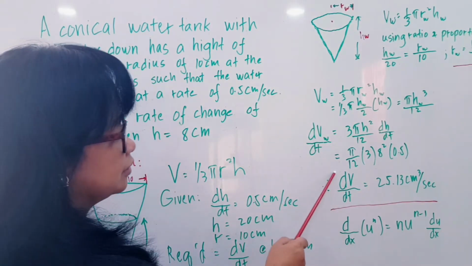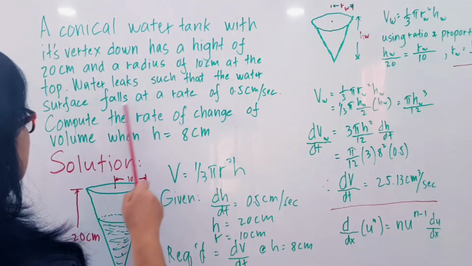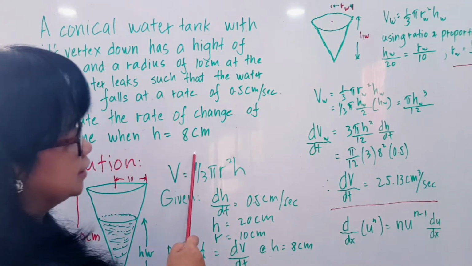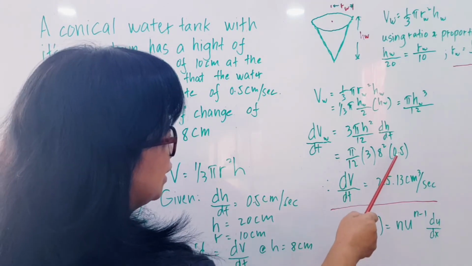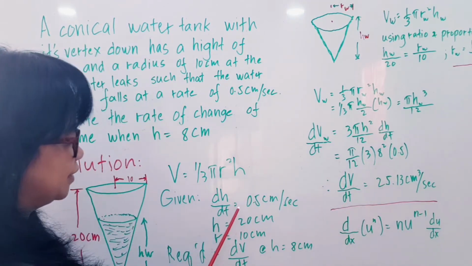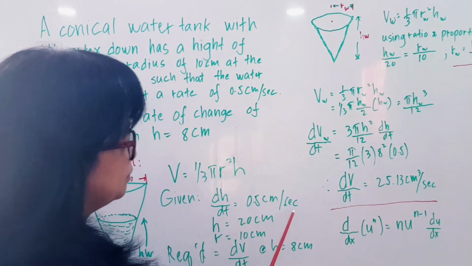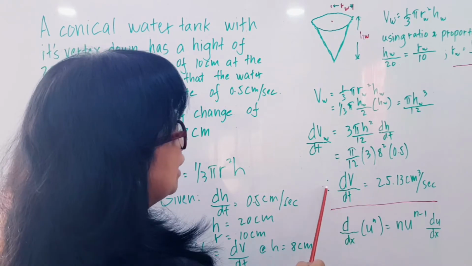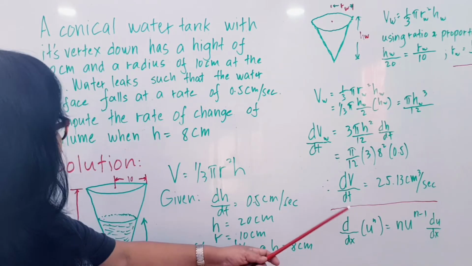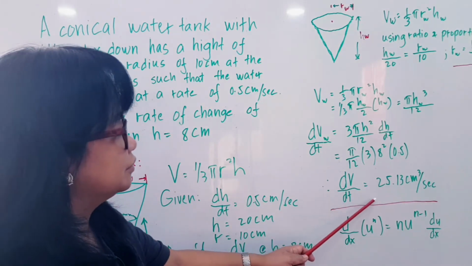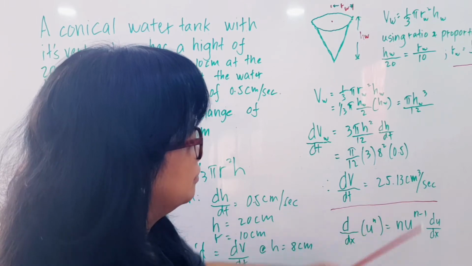Ngayon, substituting the values of h, which is equal to 8 cm, tapos ang pi 3.14, tapos ang the rate of change is given of the rate of change of the height, which is 0.5 cm per second. Therefore, the rate of change of volume is equal to 25.13 cm cubed per second.